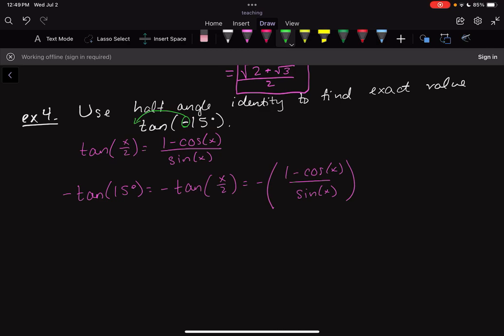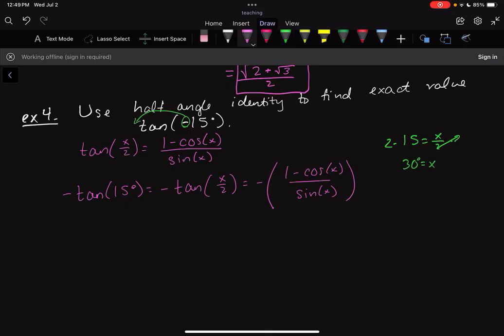Now I got to find my x. So you want to think, what do I divide by 2 to get to 15? So of course, I recommend you just thinking about that, pausing it, maybe even try to work this one out on your own. But we will get that the x is 30 degrees.